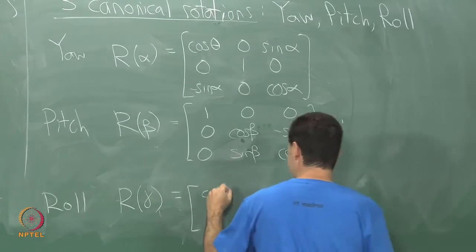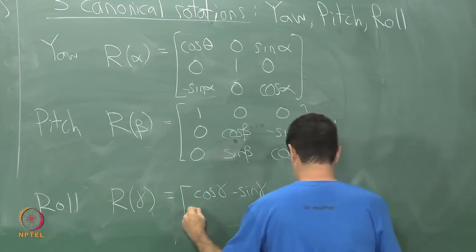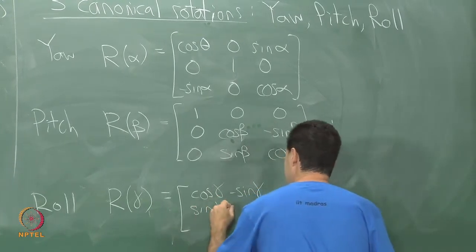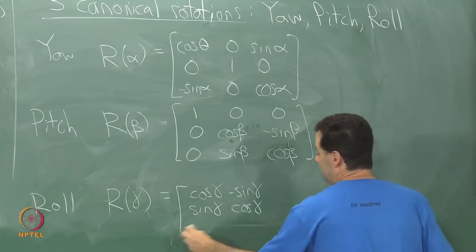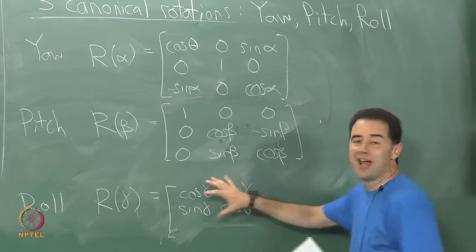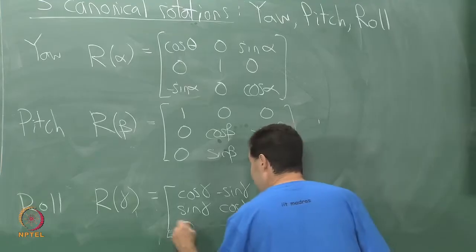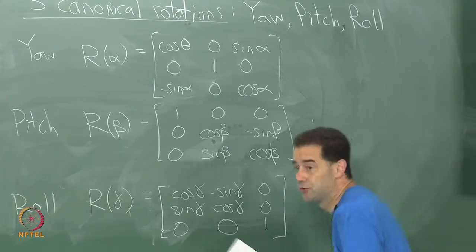We get cosine gamma, minus sine gamma, sine gamma, cosine gamma. So the upper block is exactly this two-dimensional rotation matrix, but corresponding to the xy plane, and then the z part is the identity: 0, 0, 1, 0, 0, 1. Right, so that's what we get.